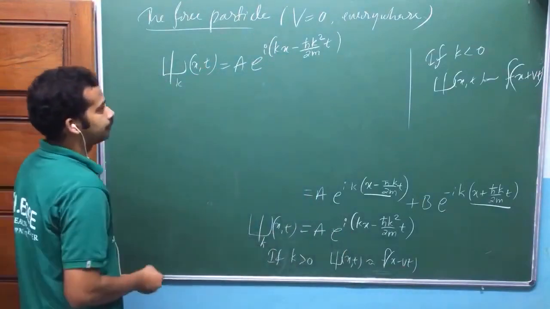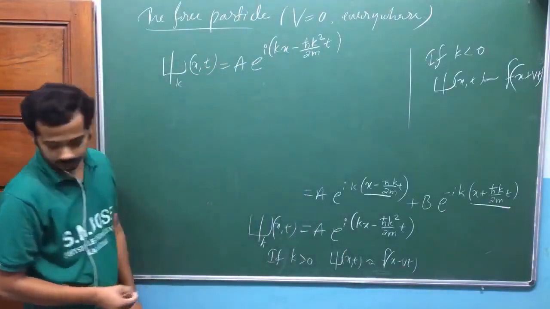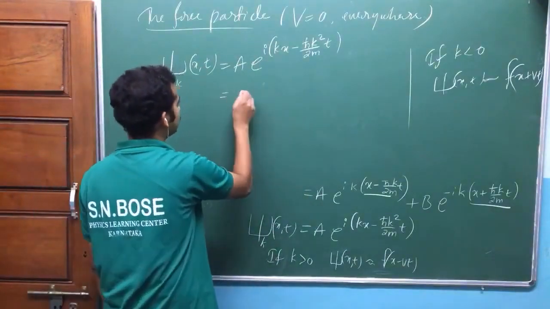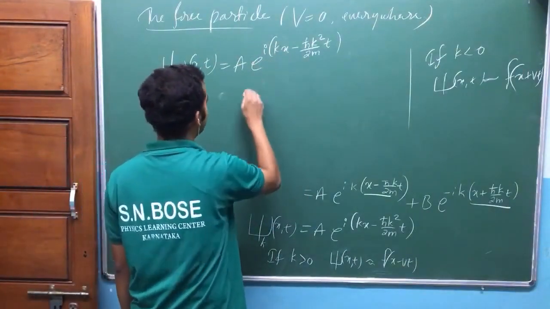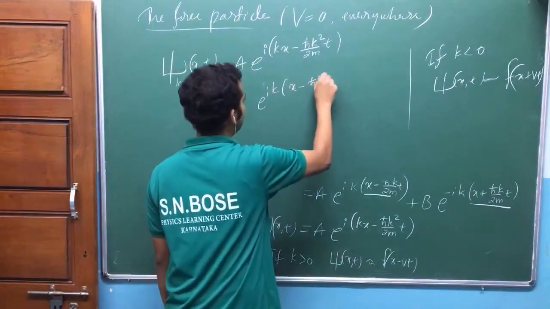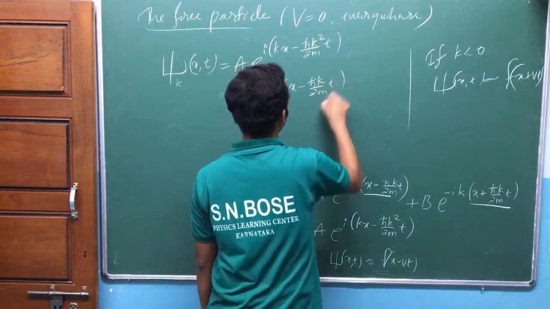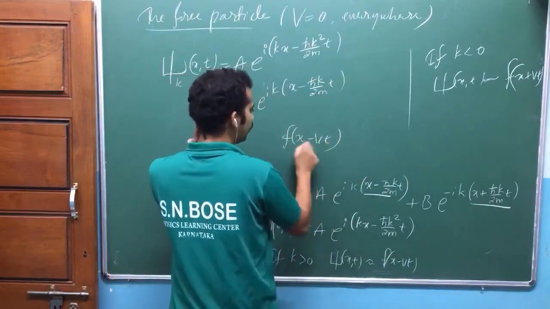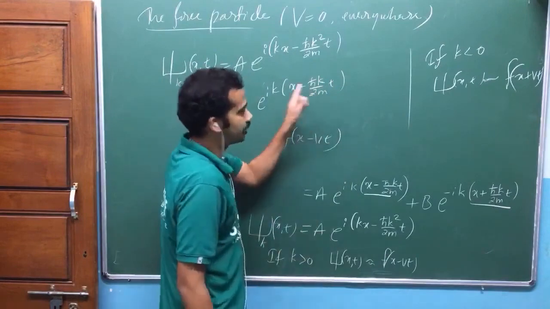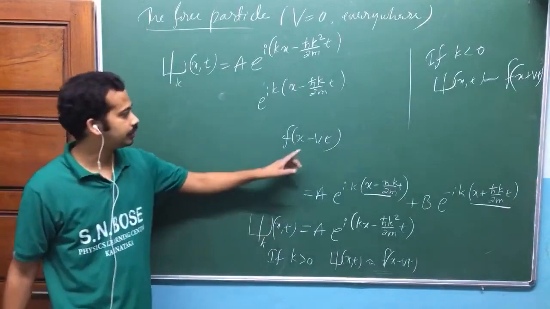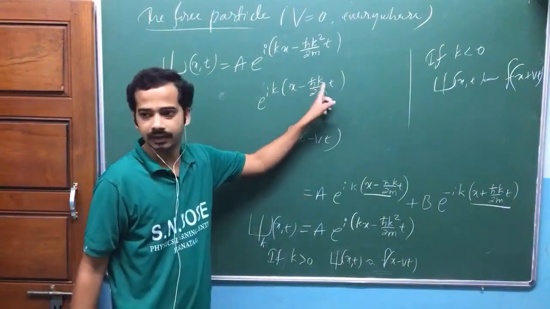Now look here. What I was talking about here is velocity, am I right? Suppose you take k outside: e power i k (x minus h bar k by 2m into t). If you compare this with a function of x minus v into t, what is v here? h bar k by 2m. Isn't it? In place of v, you have x minus vt.